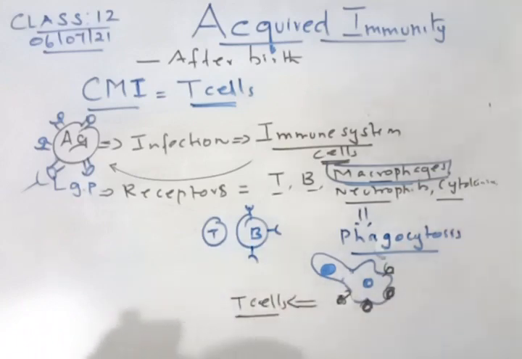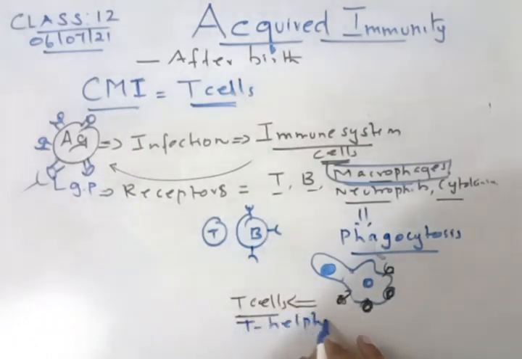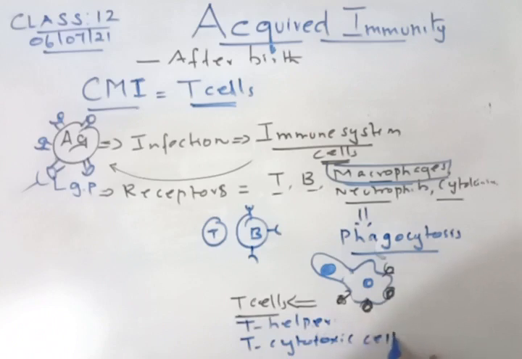We are talking about cell mediated immunity, that is the T cells. Now there are two types of T cells. One is called T helper cells, and the other is called T cytotoxic cells. It is also called NK cells, natural killer cells.